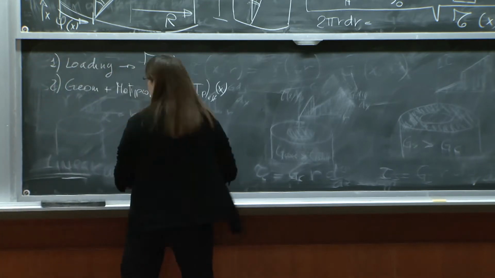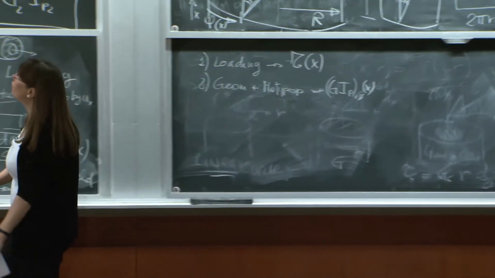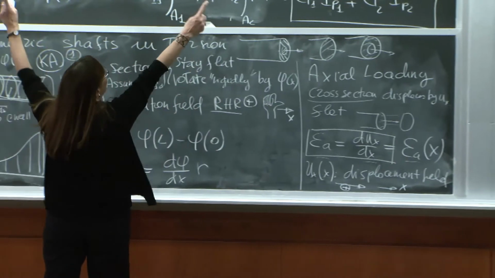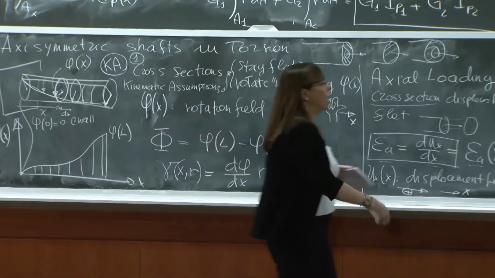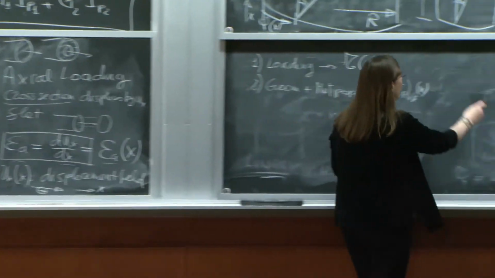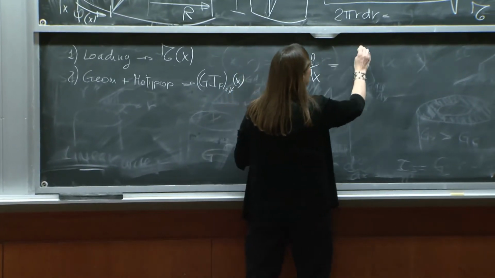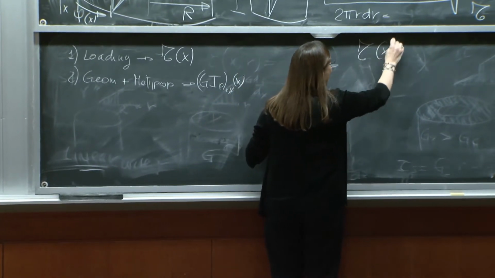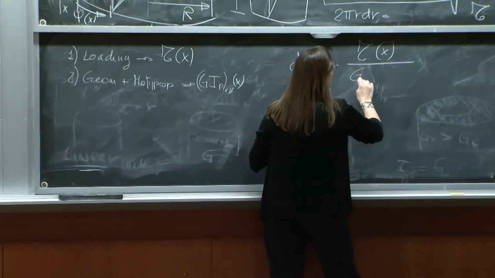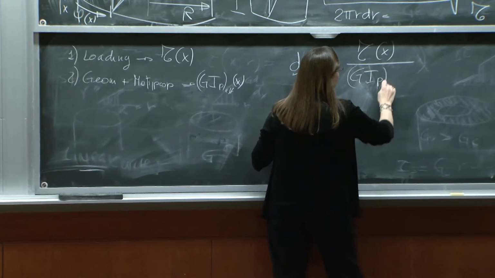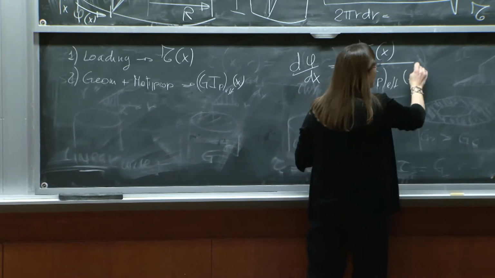Out of these two, I invert that relationship over there, and I get that my d phi dx is equal to T of x divided by my G IP effective of x.